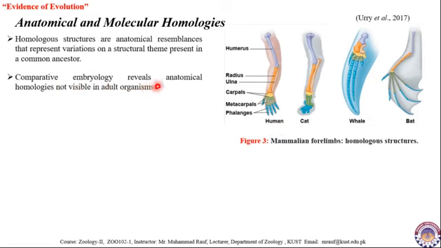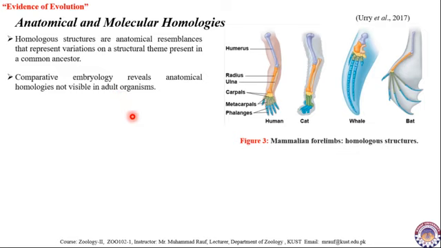Comparative embryology reveals anatomical homologies not visible in adult organisms. In the majority of cases, the embryonic development of organisms, the stages the organisms pass through, are so similar that it is very difficult to differentiate between the embryos of various groups of organisms.